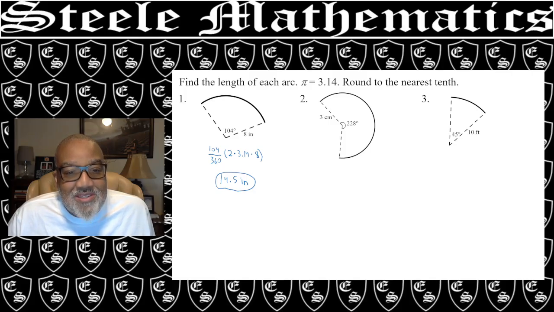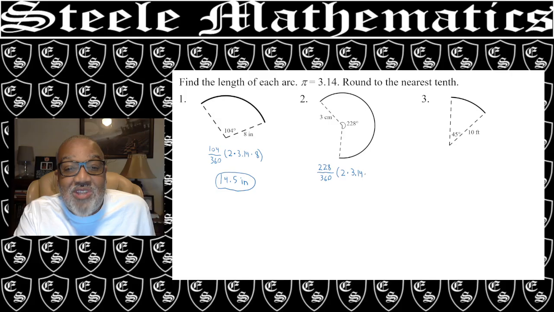All right, next we have number 2. The measure of the central angle is 228. Therefore, this is 228 over 360 times 2 times pi, which is 3.14, times the radius, which is 3.